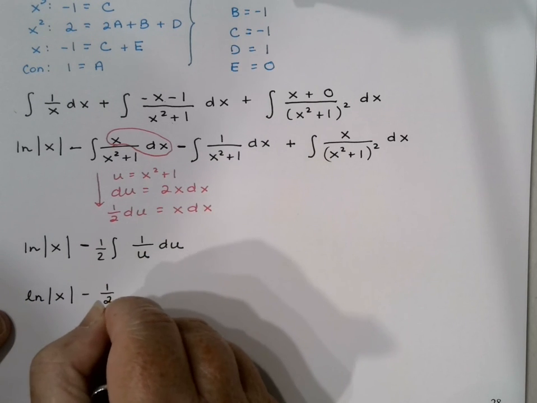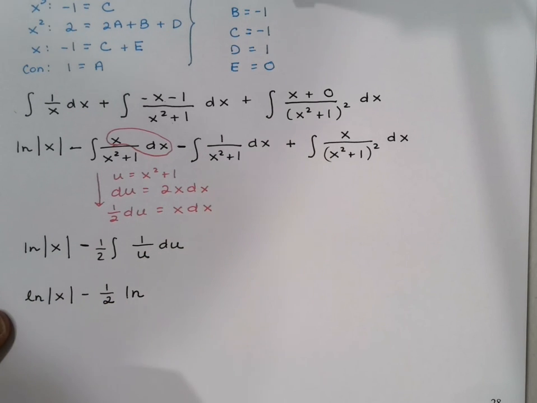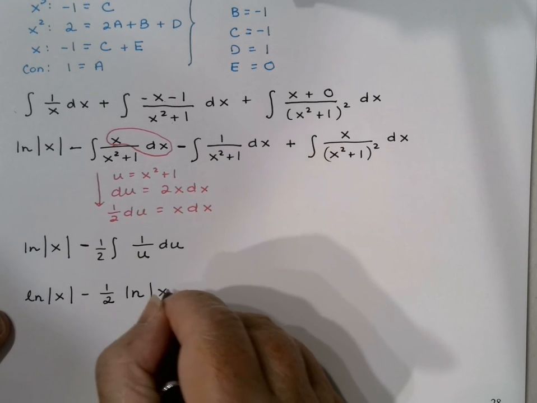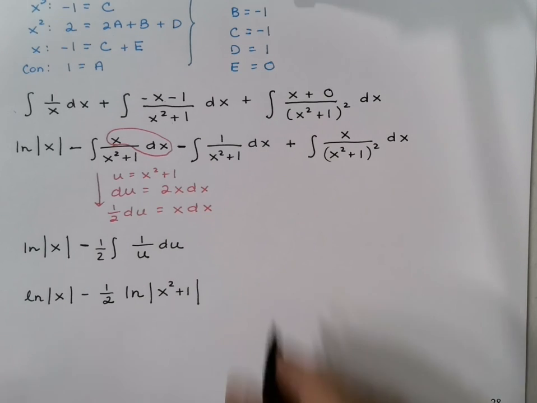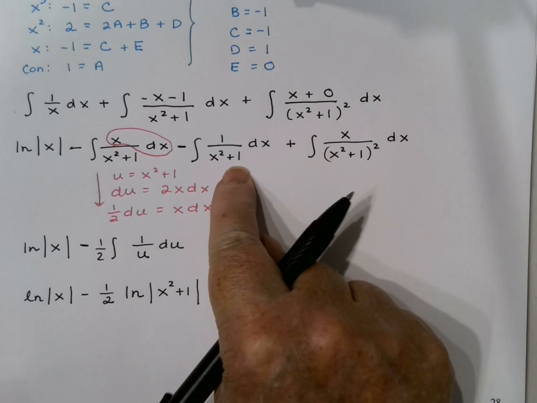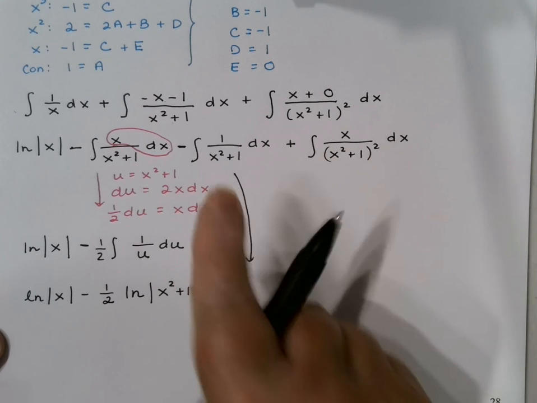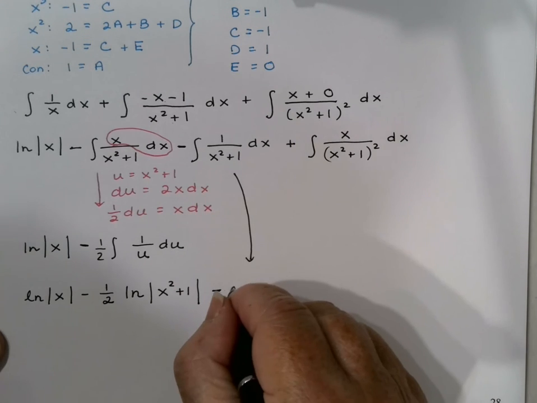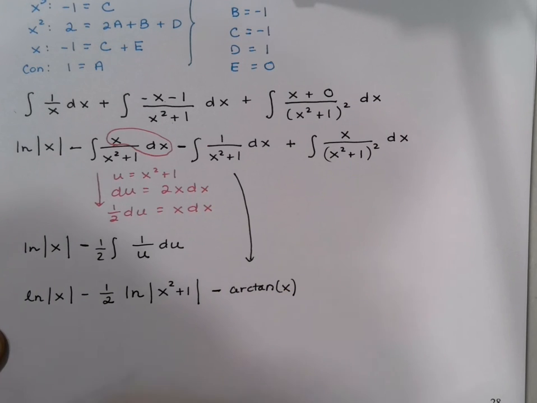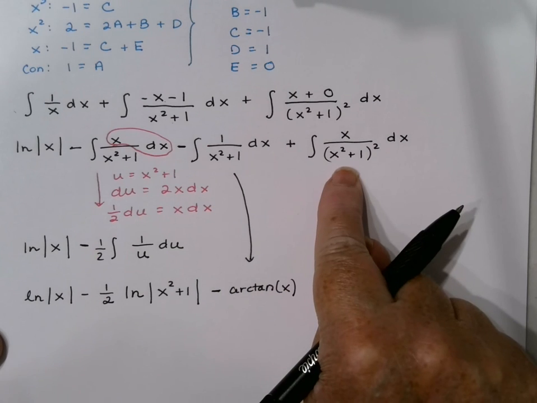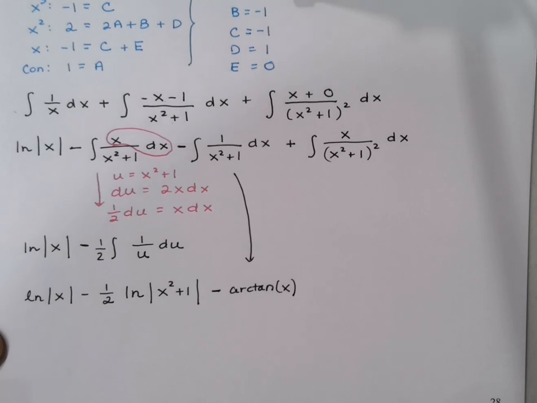So I'm going to have a minus 1/2 natural log u, but u is actually x squared plus 1. Minus. This one I can just do directly. That's that arctangent integral again. So arctan x.